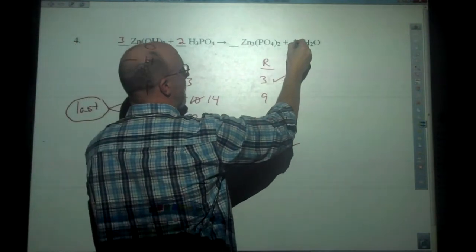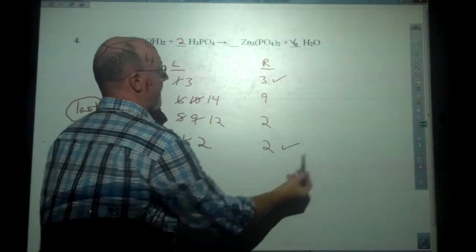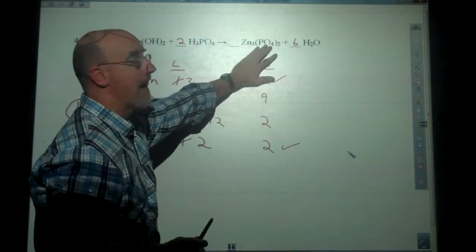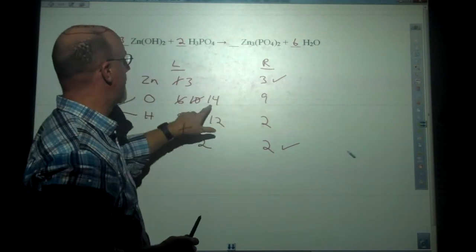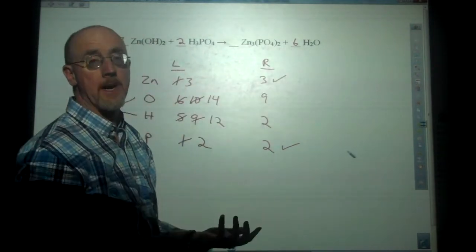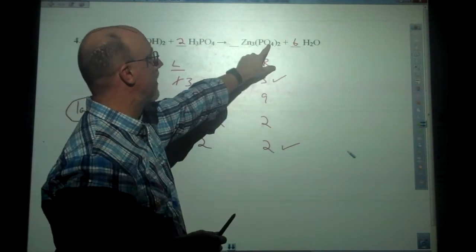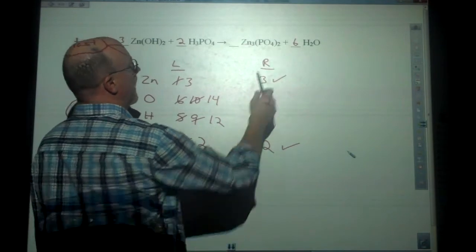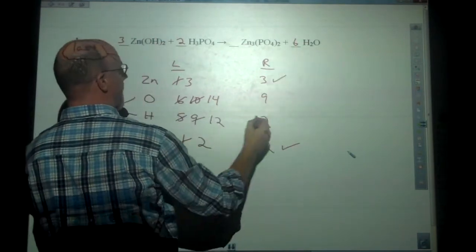So if we put a 6 there, hopefully that will clean things up. If you're thinking about it from oxygen, you have 8 oxygens already from here, so you need 6 more. So you put a 6 there either way. It's a little more involved if you think about it from the oxygen perspective. So that gives us 6 times 2 is 12 hydrogens.